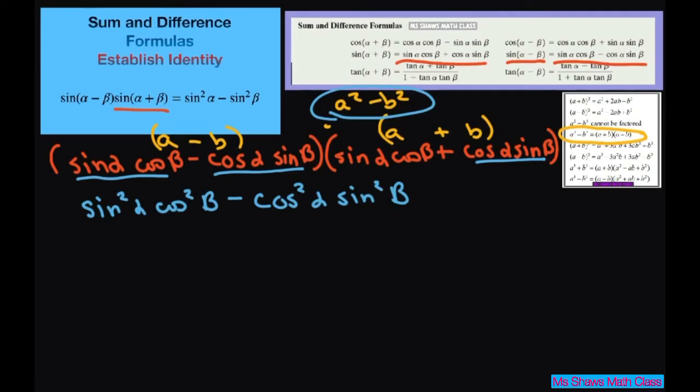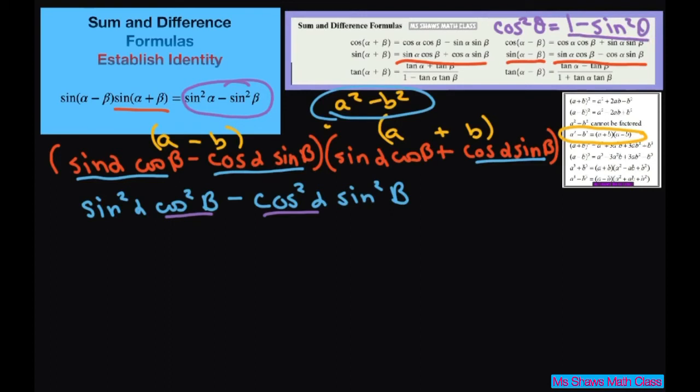Now at this point, we're going to have to fix this up a little bit because we don't have a cosine in our identity here. So I'm going to rewrite these cosines. I can write cosine squared of theta equals 1 minus sine squared of theta. So I'm going to substitute my cosine squares with 1 minus sine squares.